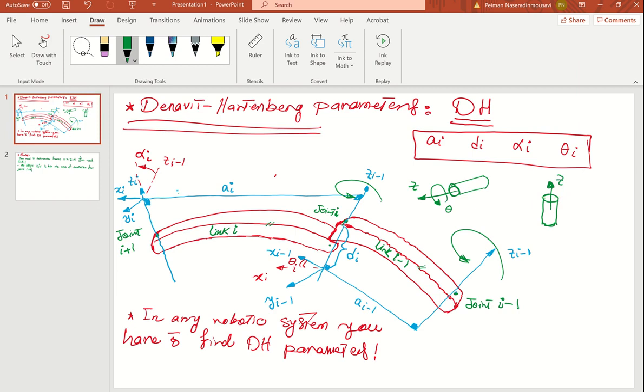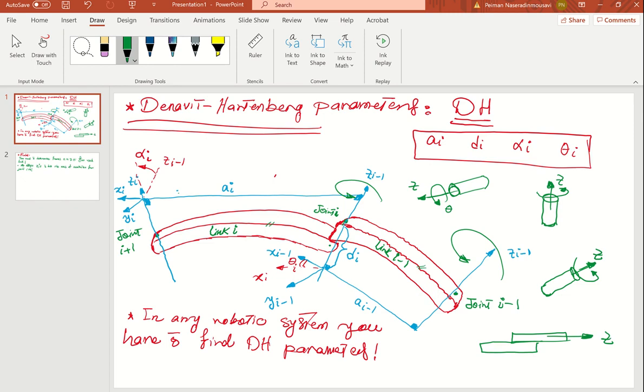Or if you have an actuator in this configuration in space, its rotation is in this direction, and this is going to be z. So z is on the axis of the actuation. Or if you have a prismatic joint with links sliding on each other, this is going to be the z direction, in the direction of the actuation.